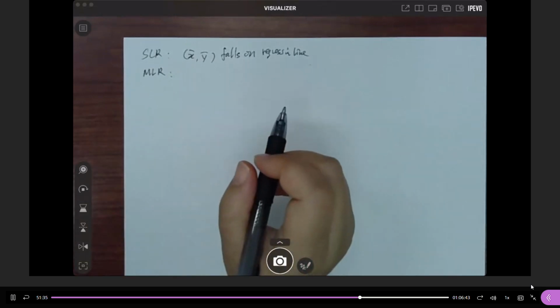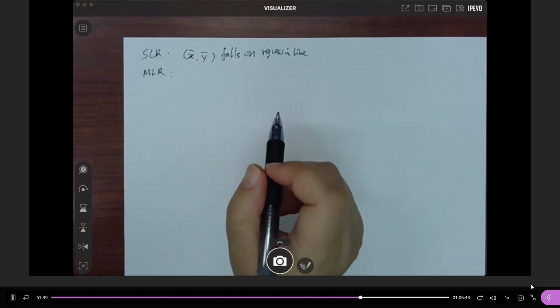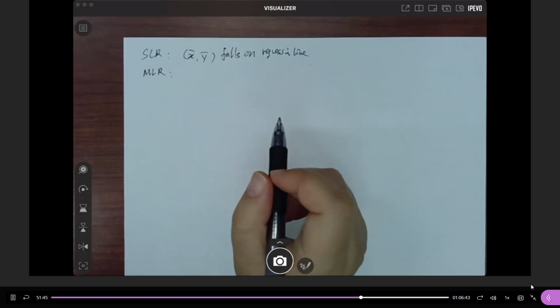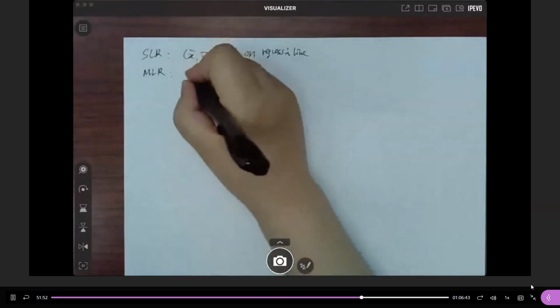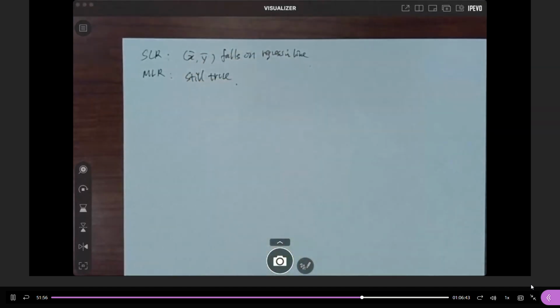Is this still true for multiple linear regression? Yeah, people made a gambled guess. Basically, it is true. So this is still true.